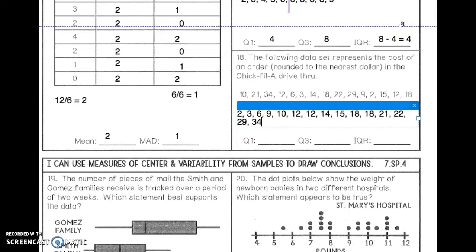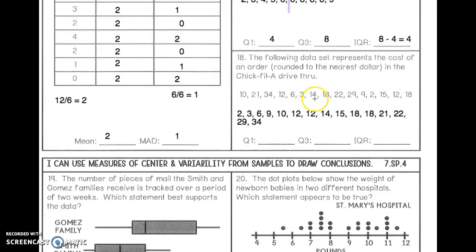An odd amount of numbers is easy as well. You're going to make sure you find the number right smack in the middle. So 1, 2, 3, 4, 5, 6, 7, and then 8 will be the number right smack in the middle. So that would be this number right here, the middle number.